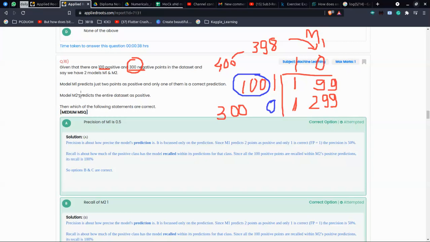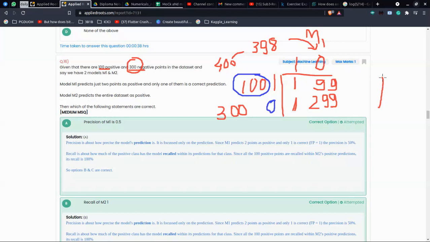Now I can make this. Actually we can answer precision and recall directly, but it is better to practice creating the confusion matrix right now, so that if they ask for anything, TNR, FNR, recall, precision, we can answer that. So model M2 predicts the entire data set as positive.